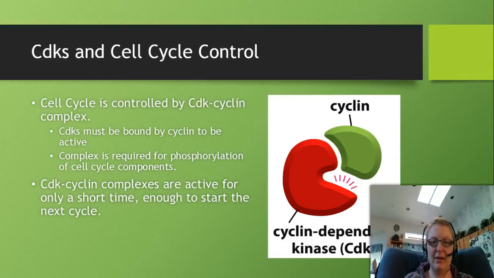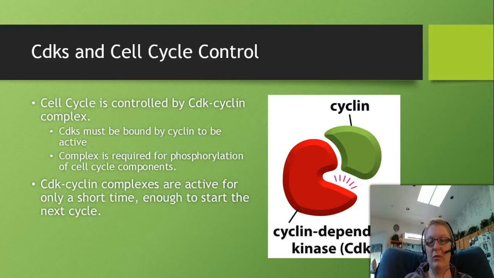Once they bind with the cyclin, though, they can become an activated complex through phosphorylation, stuff like that. We'll talk about that here in just a second, but for the moment, just accept that when they bind, they can become active. What these enzymes then do is they are responsible for very specific activities in each of those phases we just talked about.